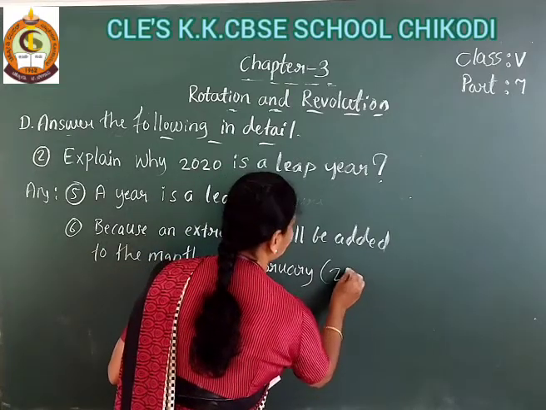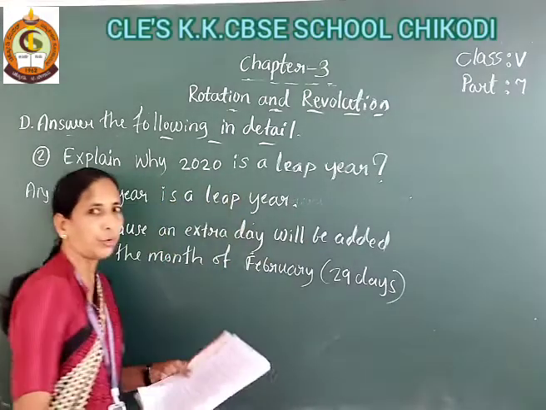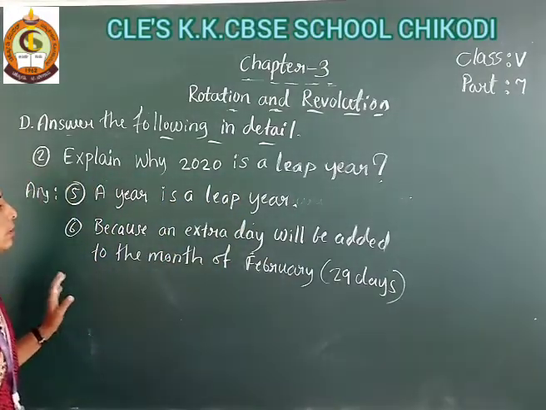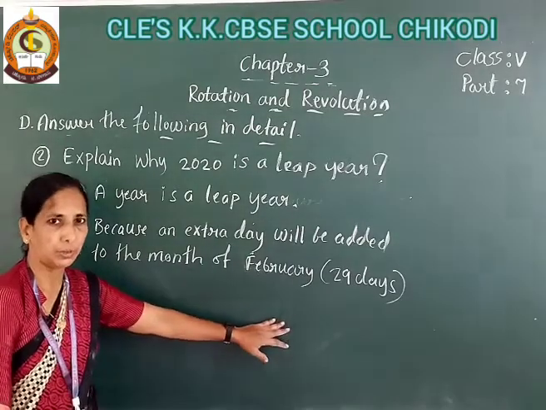February has 29 days. After every 4 years, it has 29 days coming. So that is known as a leap year.